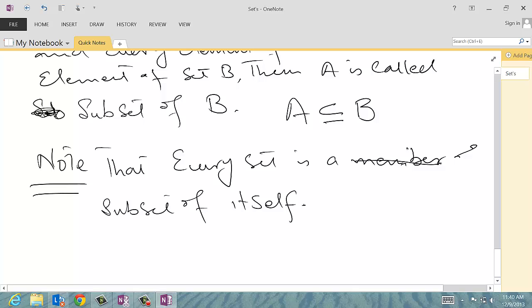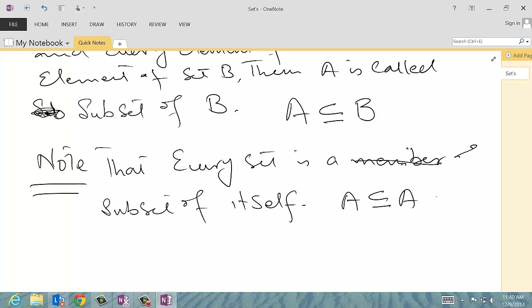So what does this mean? It means every set is a subset, is contained in itself. Like if we were talking about set A, then A is contained in A. And that's why every set we can say is a subset of itself.